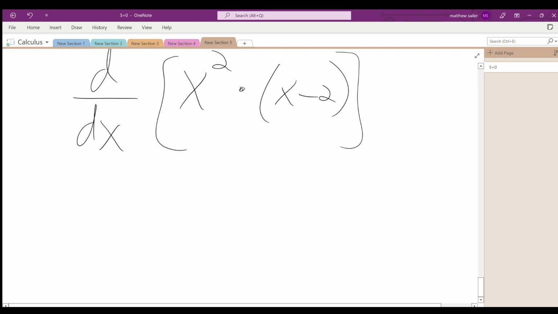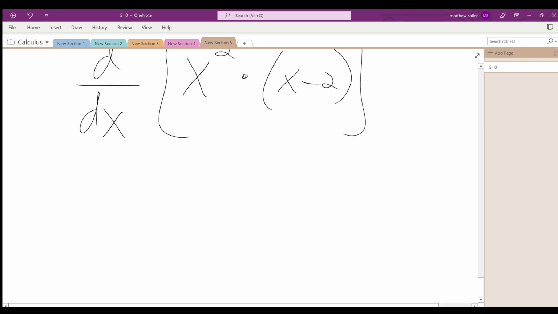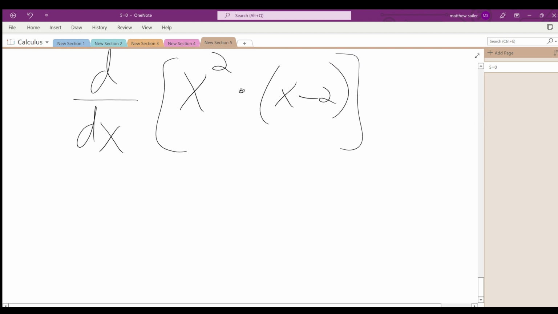So the derivative of two things multiplied together is going to be the first times the derivative of the second plus the second times the derivative of the first. A lot of times this is written in terms of u and v.